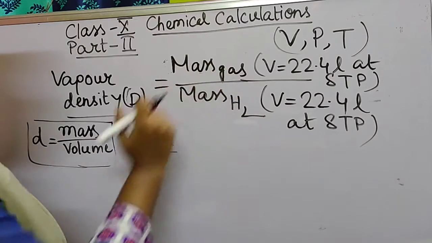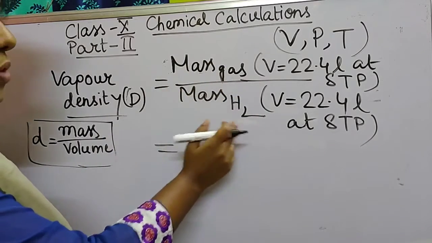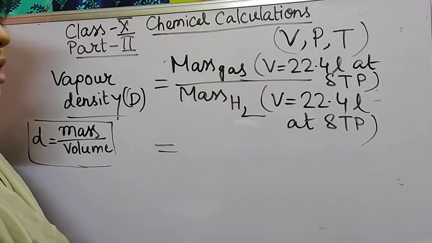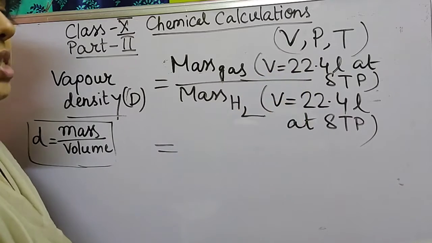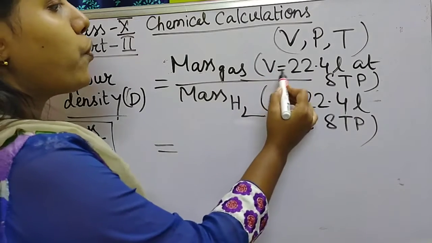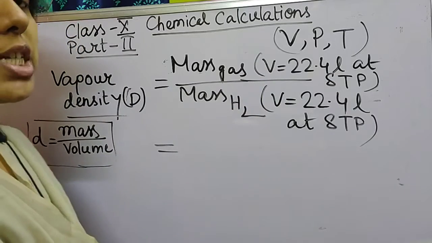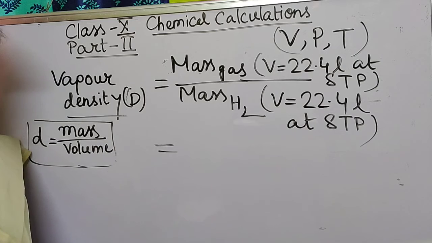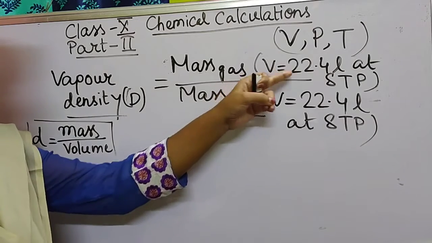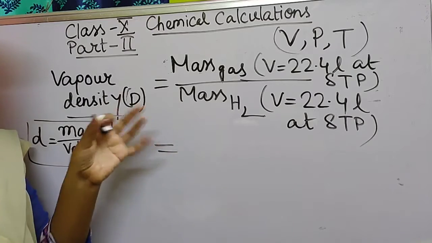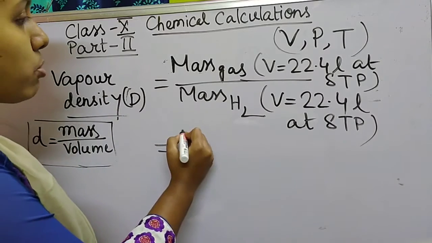So the mass of a gas divided by the mass of hydrogen, when the volume is 22.4 liter for both of them at standard temperature and pressure. As we know, at STP when the volume is 22.4 liter, the quantity will be equal to 1 mole.